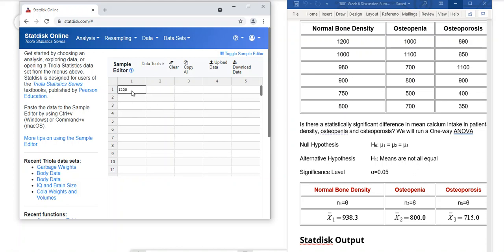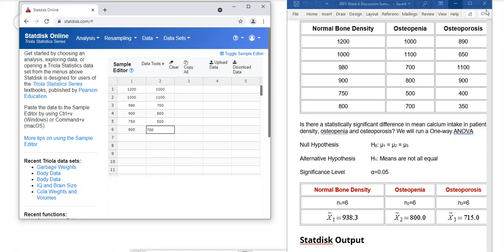So 1200, 1000, 980, 900, and it'll take me a minute here to get these in. 100. Okay. 800, 500, and 700.